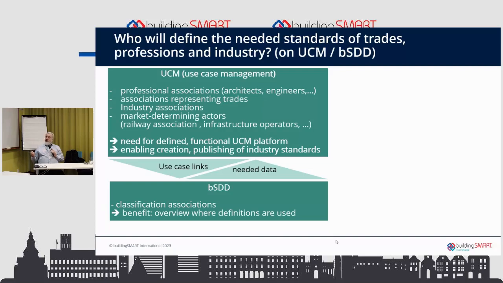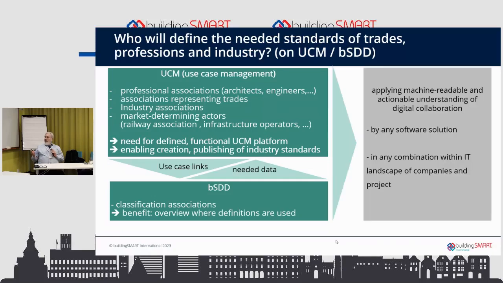So this is connecting the people responsible for markets, the people responsible for use case definitions, and the people responsible for the classification information. And of course, this is again the red line. I should do that in red, because this is the part the software industry can profit from.